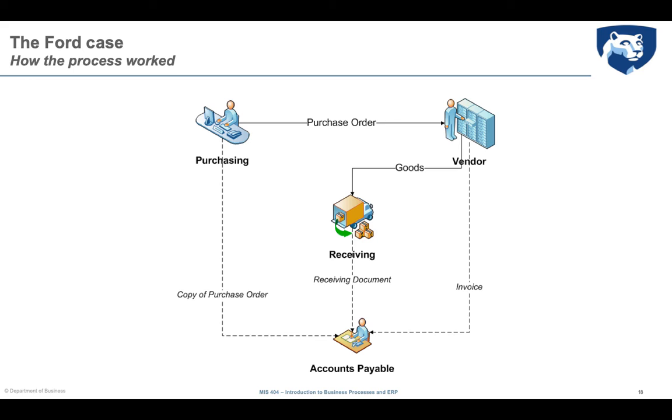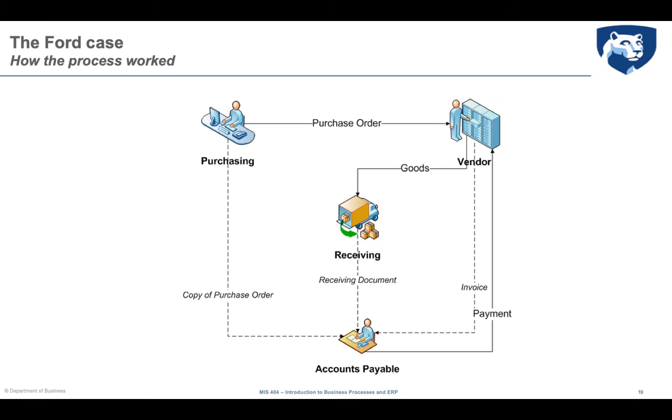Accounts payable has the role of checking and verifying that these documents are aligned. When they verify that the documents are aligned, accounts payable can pay the supplier for the goods that the supplier has sent to the company, and that were requested by internal production.